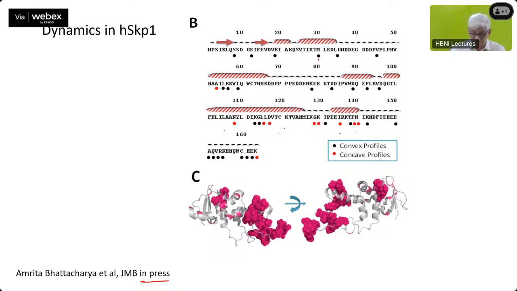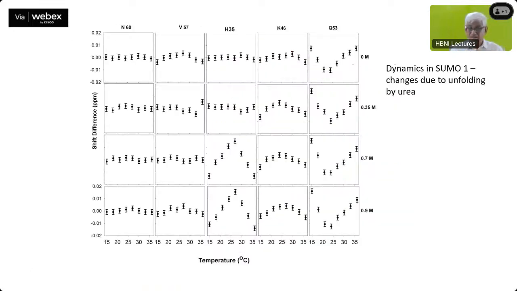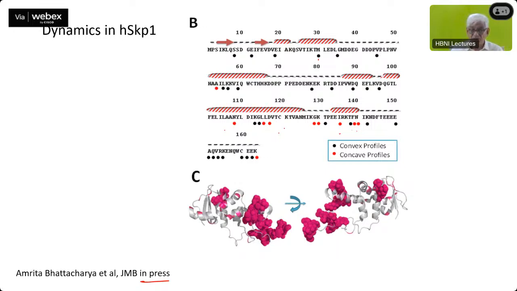Sir, that means if you are increasing the temperature, in the case of convex, your hydrogen bonding strength is increasing? See, that depends on whether delta 1 is less than delta 0, delta 1 less than delta 2, or delta 1 greater than delta 2.